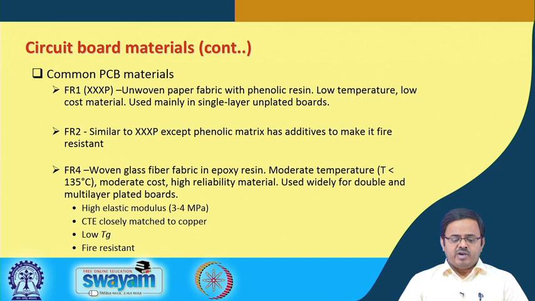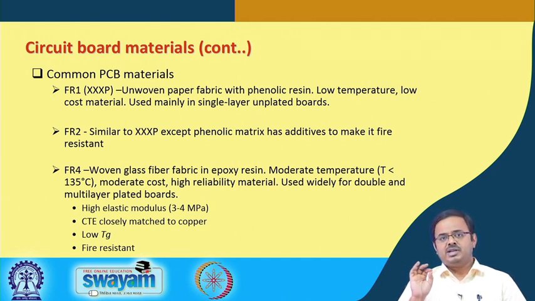Let us go to FR4, which is the most commonly used material today. FR4 is woven glass fiber fabric in epoxy resin, moderate temperature, moderate cost, high reliability material. Used widely today, as I said, it is the most commonly used for both double and multi-layer plated boards. And what are its properties?